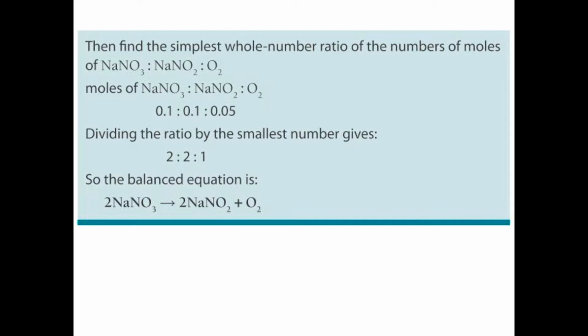So our balanced chemical equation is this: 2NaNO3 reacting to produce 2NaNO2 plus O2. Now, again, you've probably worked that out well before, and I could probably give you that without the large numbers, and you could work it out in a matter of seconds. But we need also to know this method, using the reacting masses to work out a balanced chemical equation.